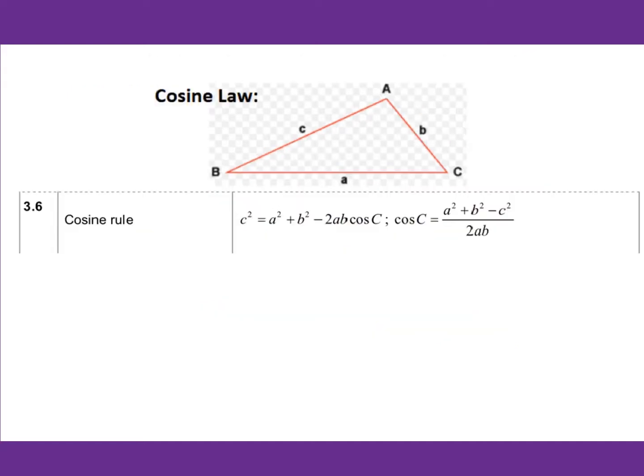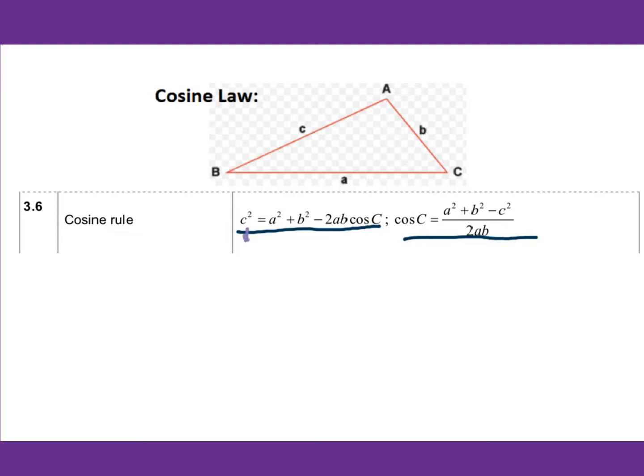Let's go to the IB exam booklet formula chart. For 3.6 cosine rule, these two cosine law forms are given. Let's analyze this cosine rule. First of all, small letter means length of a side, and capital letter means angle.